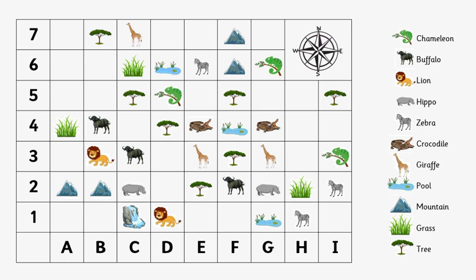Which animal have you landed on? I'll say those instructions again. Start in box A1. Make a 1/4 turn clockwise and go 1 space forwards. Remember to follow your pointer. Then make a 1/4 turn anti-clockwise and go 2 spaces forwards. Which animal have you landed on?